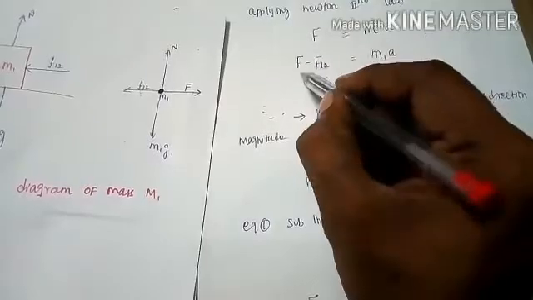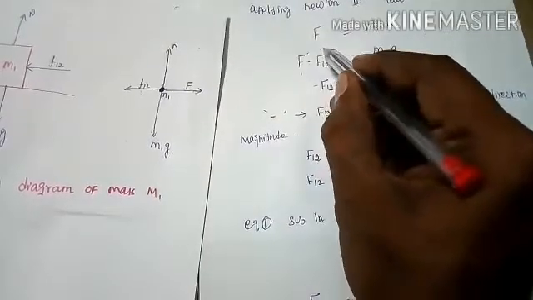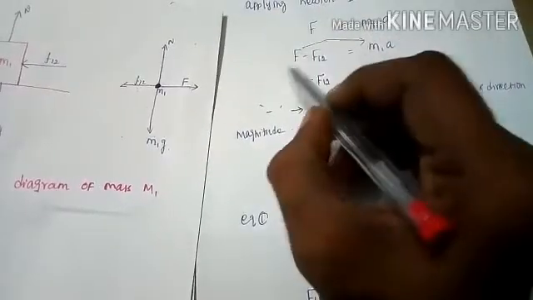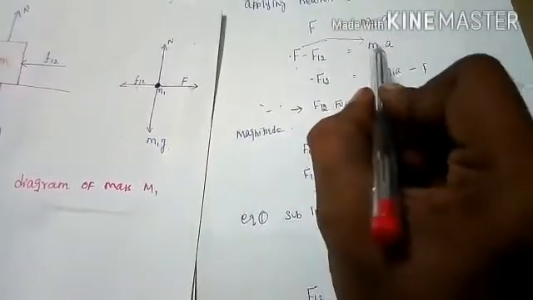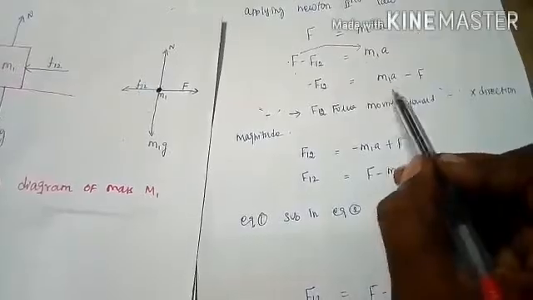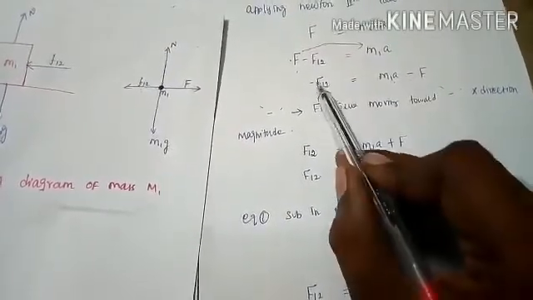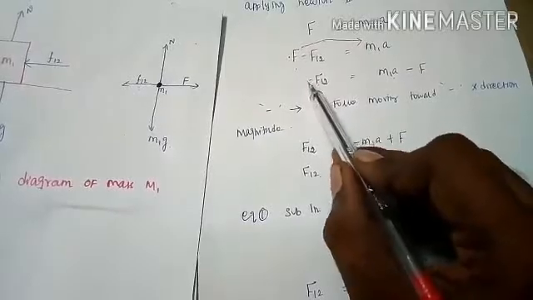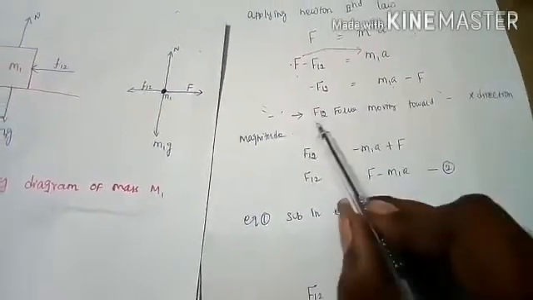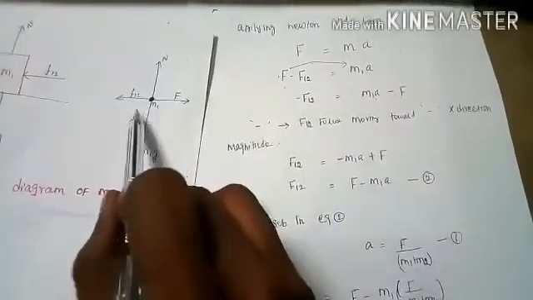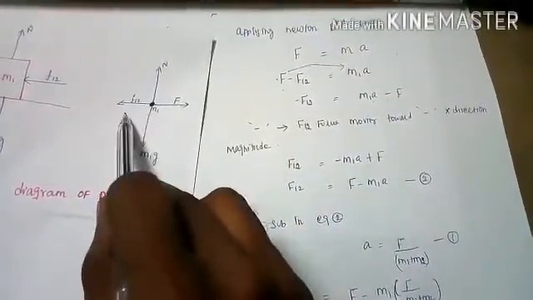Moving F to the right hand side, the sign changes: minus F12 equals m1a minus F. The minus indicates F12 is directed towards the negative x direction.